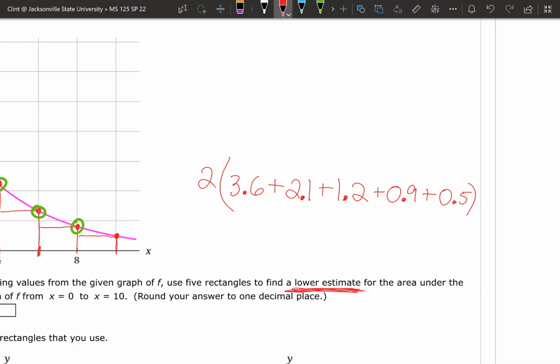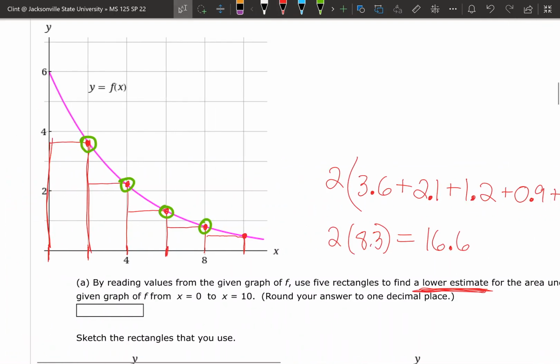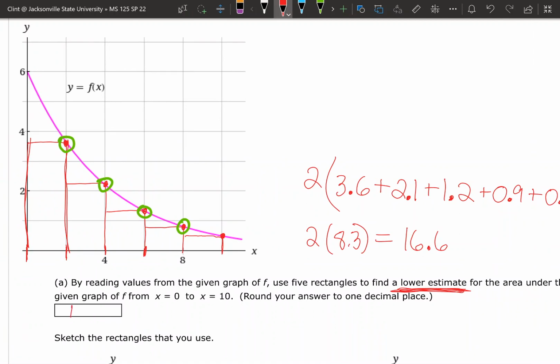Oh, so if we add those up, we get 8.3, multiplied by 2, I'm getting about 16.6 there. So somewhere in that neighborhood. Okay, if you're doing it yourself, you might get slightly different because we are just estimating here.